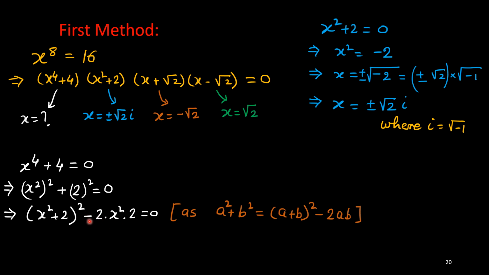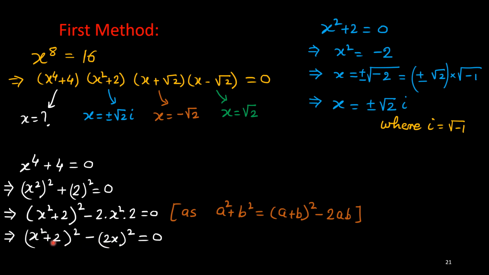This is x squared plus 2 whole squared minus 2x whole squared.